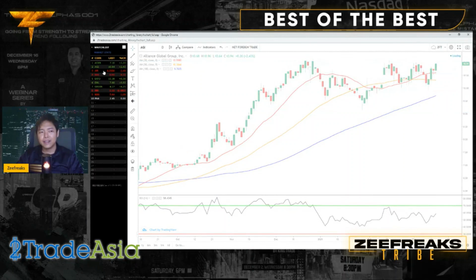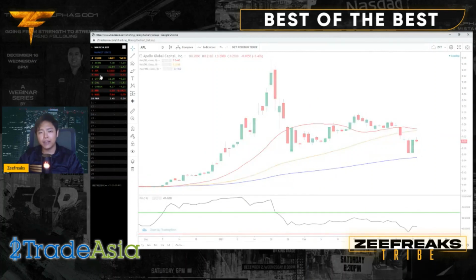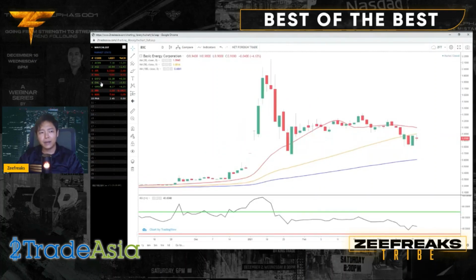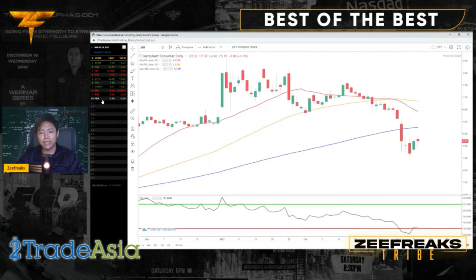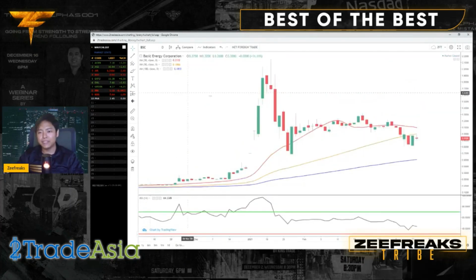Next, APL. So, there are several stocks na similar with APL. APL, we have BSC. We also have MM at saka PHA. So, ngayon, iisahin ko na lang yung pag-explain para mas mabilis, alright? And we're gonna do it with BSC being our sample for this set.